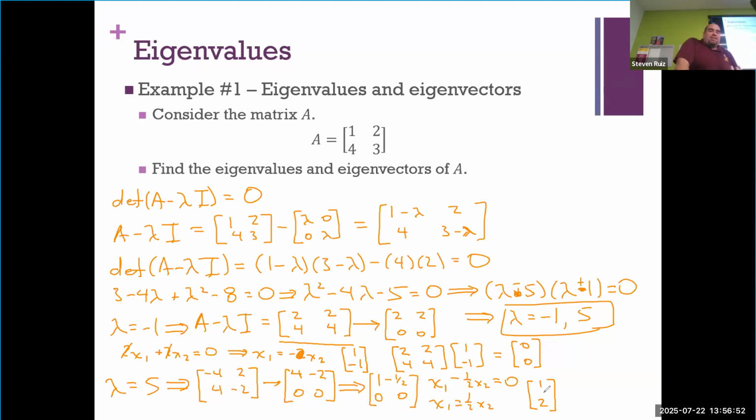The way this is written, I'm multiplying x2 by a half, so I need to double x2 to make that equation actually hold up. So we have lambda equals -1 corresponds to 1, -1, and lambda equals 5 corresponds to 1, 2. So questions about how we got to the end of that? Okay.